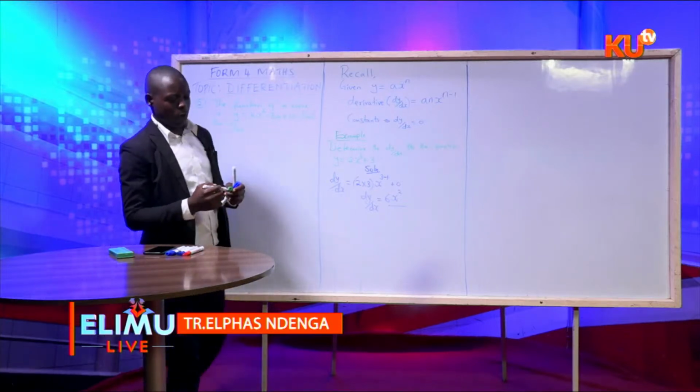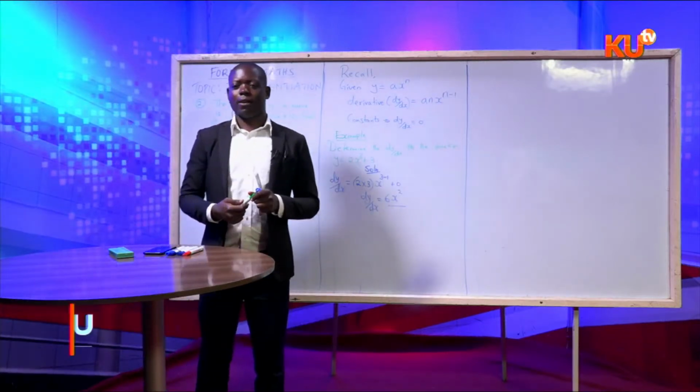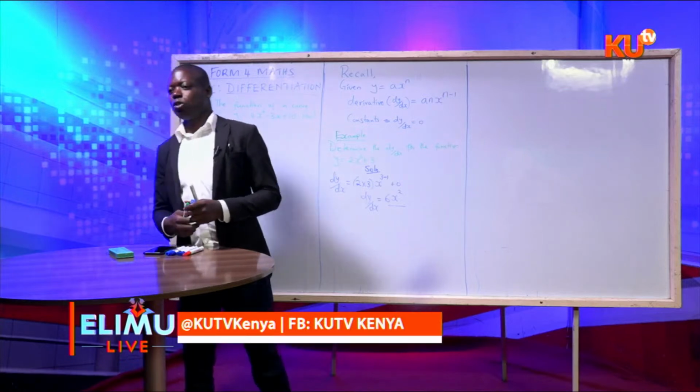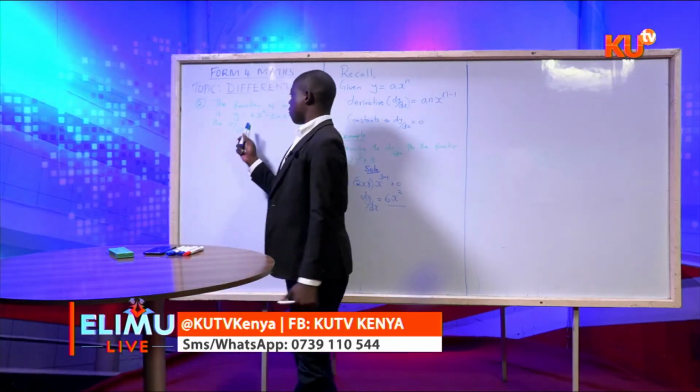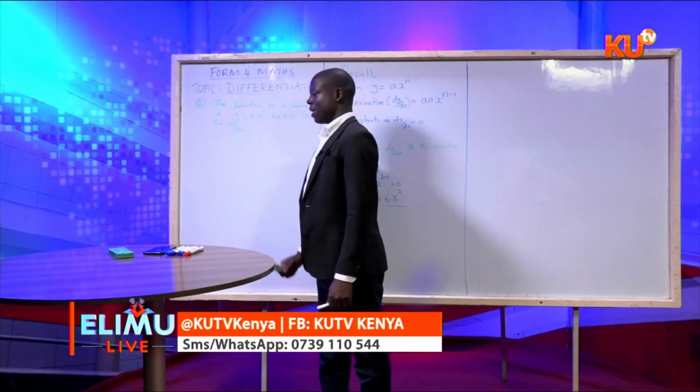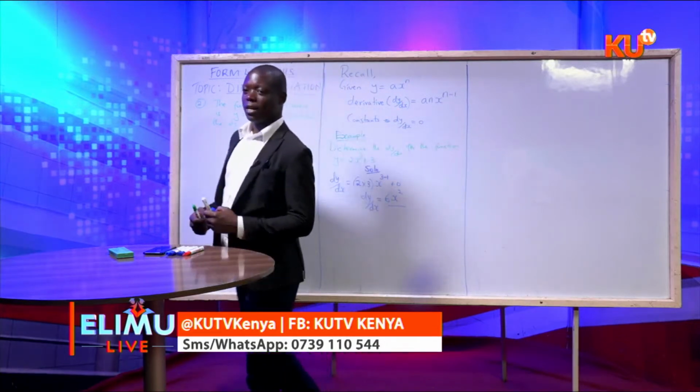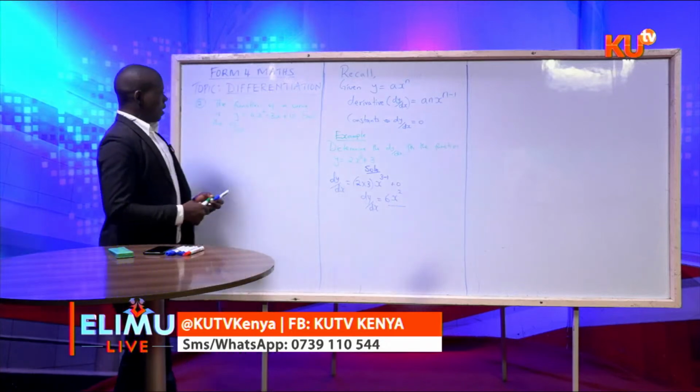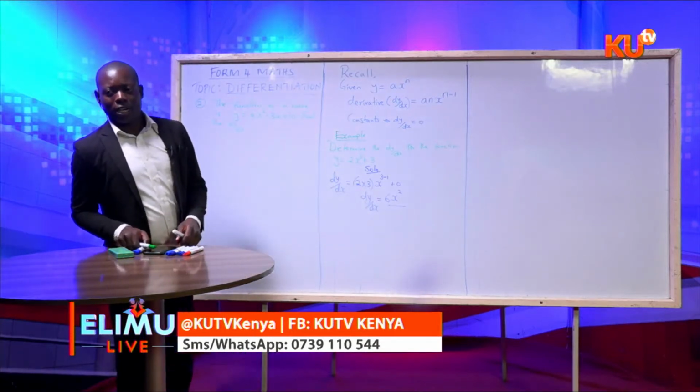The function of the curve is y equal to 4x squared minus 3x plus 10. Find the dy dx. So what will be the procedure, students?